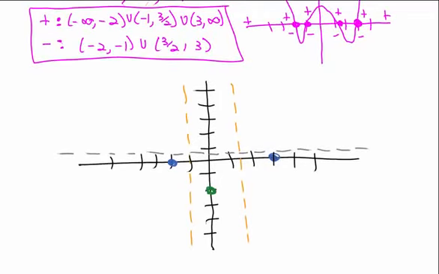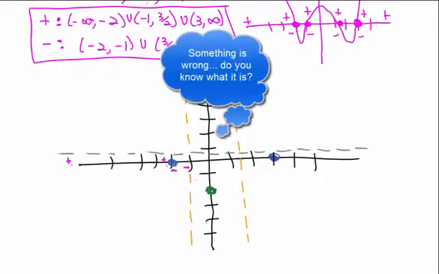And then the signs of our graph, we're going to be positive from -infinity to -2, and it makes sense when we go through the x-axis, we'll be negative from -2 to -1. Then from -1 to 3/2, we're supposed to be positive.